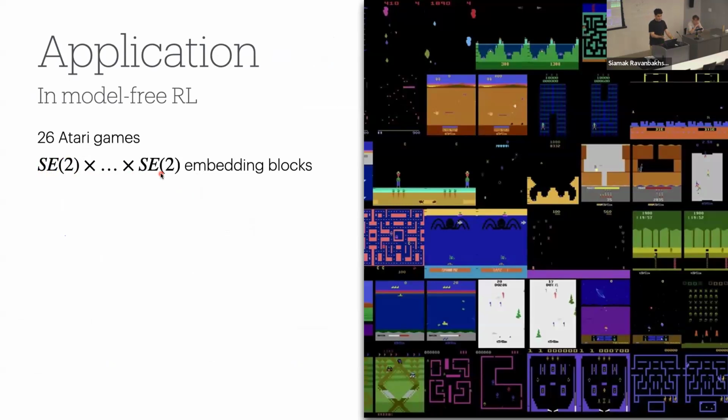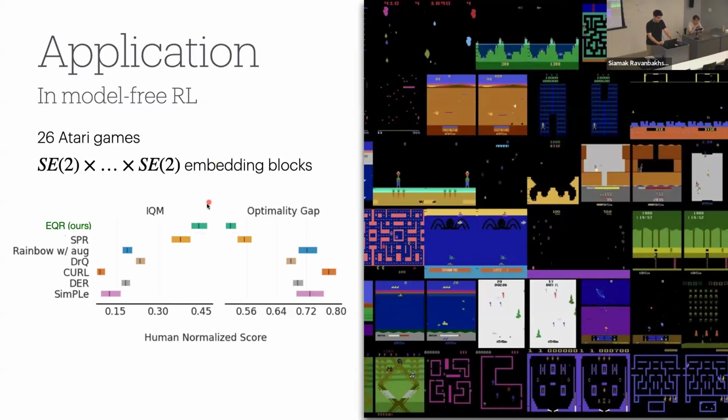So this representation made sense. And we also saw that in terms of results, we're getting results that were competitive at the time. Here the green is better than SPR, our baseline that we started from. Also in terms of optimality gap, it's better.